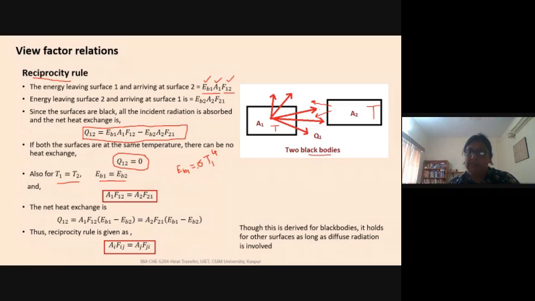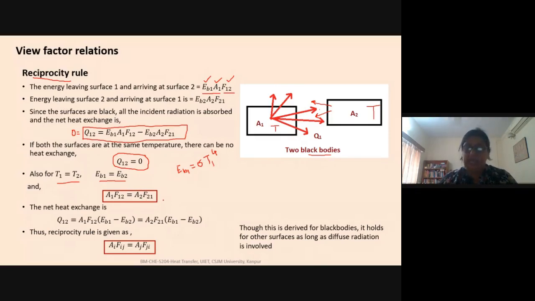But if T1 and T2 are the same, then EB1 and EB2 are the same. So putting in the expression that Q12 is equal to 0, and using the fact that EB1 is equal to EB2, we get that A1 F12 is equal to A2 F21. The area of 1 into the view factor going from 1 to 2, and A2 is the area, with the view factor going from 2 to 1.